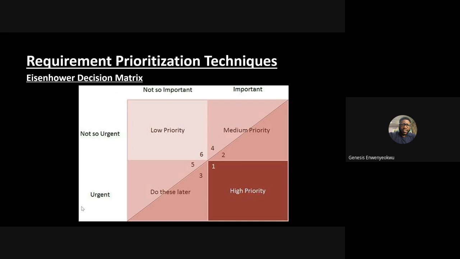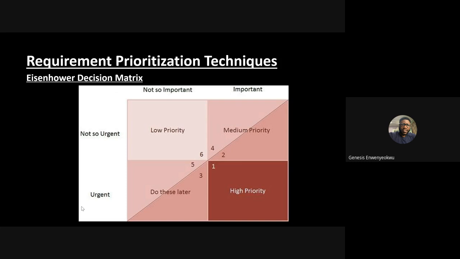And what this Eisenhower decision matrix does is it helps us to prioritize based on urgency and importance. So if the requirement is very urgent and very important, we assign it a high priority or a priority of 1.